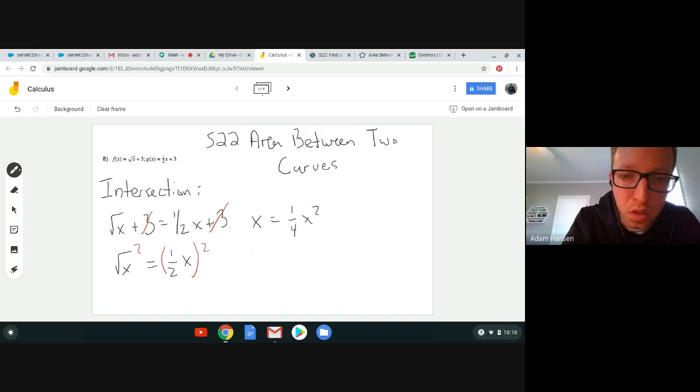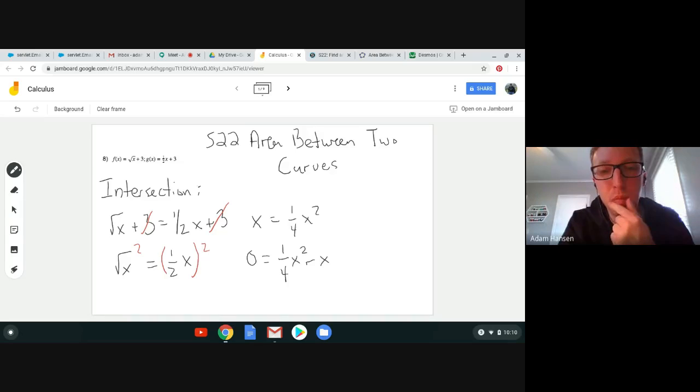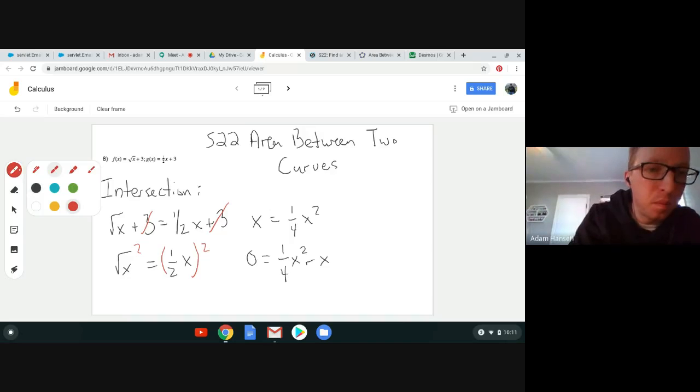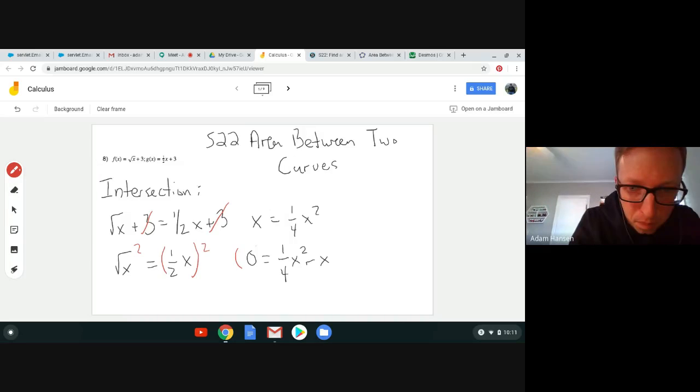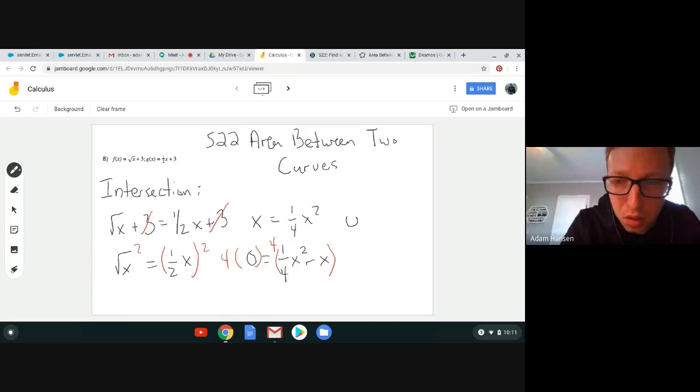To keep solving, we'll set one side equal to 0. And what I might do next is clear out the fraction. Multiply each side times 4. That would give me 0 still on the left, and x squared minus 4x on the right.